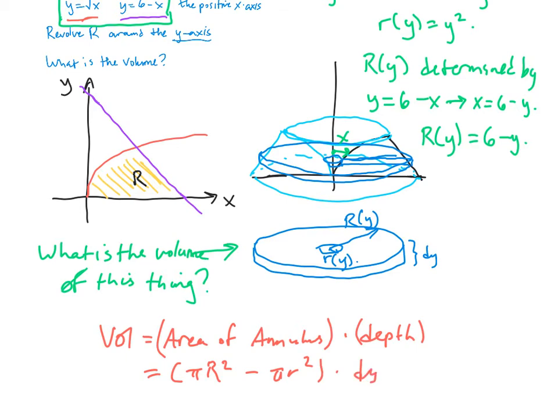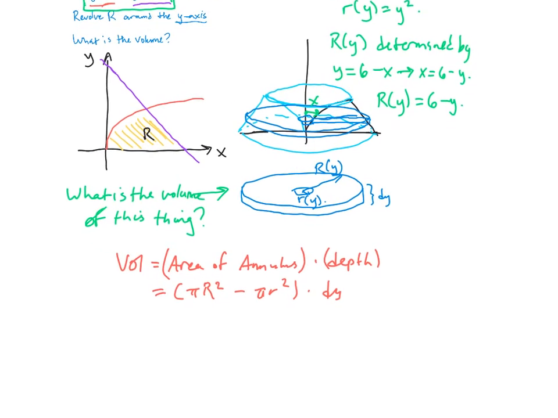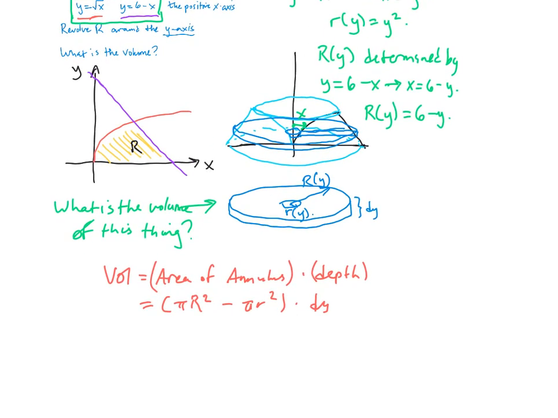Let me zoom out a bit more. I realize things are starting to get kind of small here. There we go. Now remember, big R and little r both were functions of y. So I want to actually represent that here. I'm going to pull that factor of pi out and then rewrite big R and little r as functions of y.